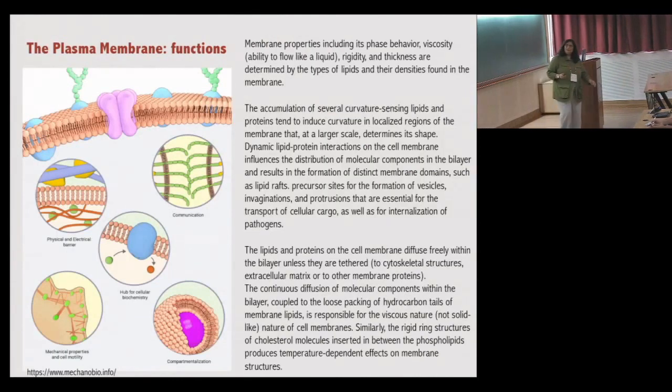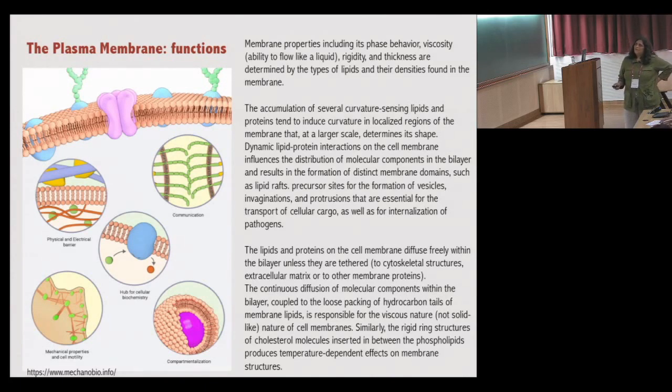The other thing you should remember about the membrane are the sorts of functions that it typically performs. One of the functions is that it acts as a barrier and or an interface between the exterior of the cell and the interior of the cell. But it also allows communication between the exterior and the interior.